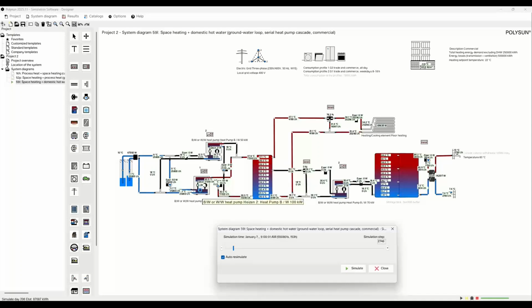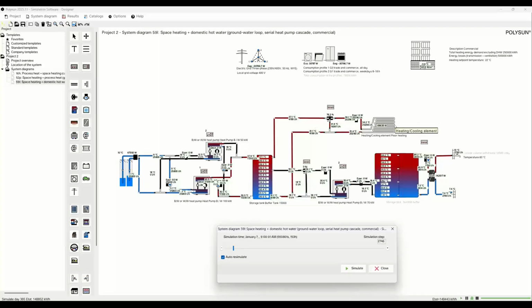It's running at a coefficient of performance of 6.28. So it's pretty efficient right now. And it's bringing up this buffer tank to 37.9 degrees Celsius. So there's no need right now to switch on the second one because we don't have extreme temperatures and we have our buffer tank at a good level.